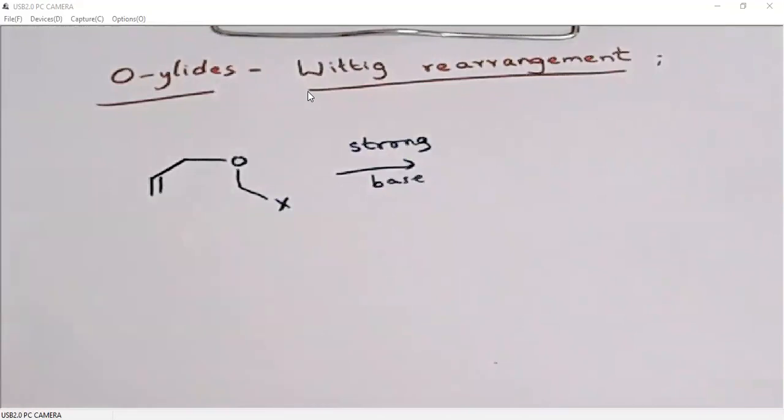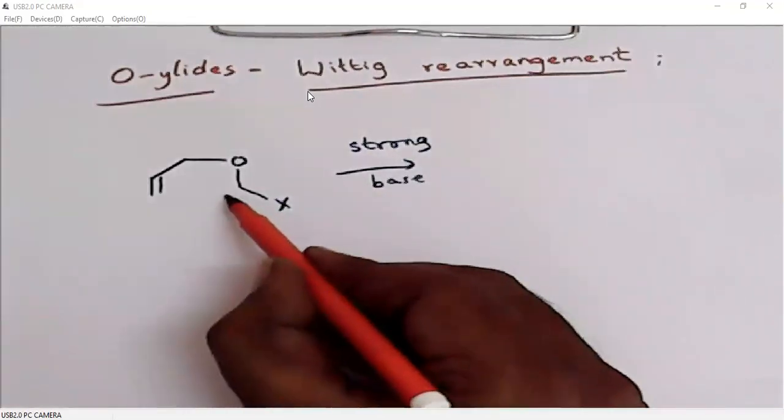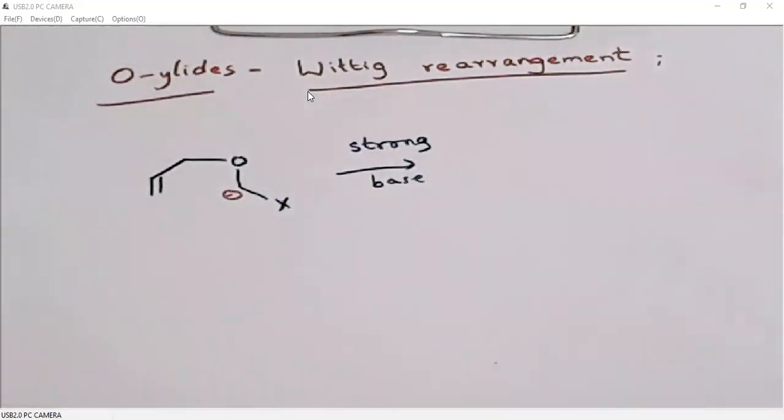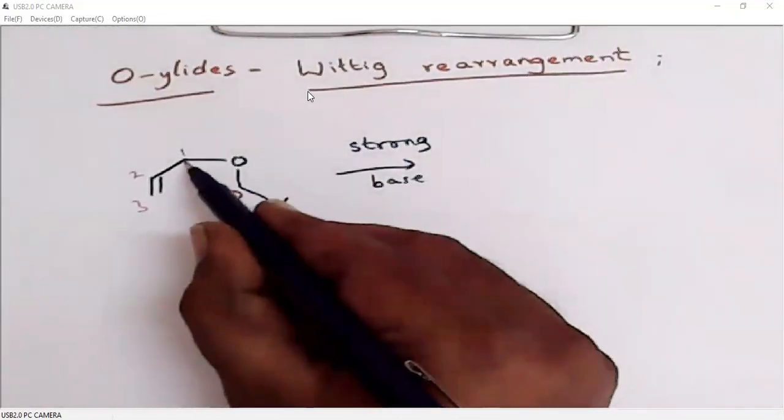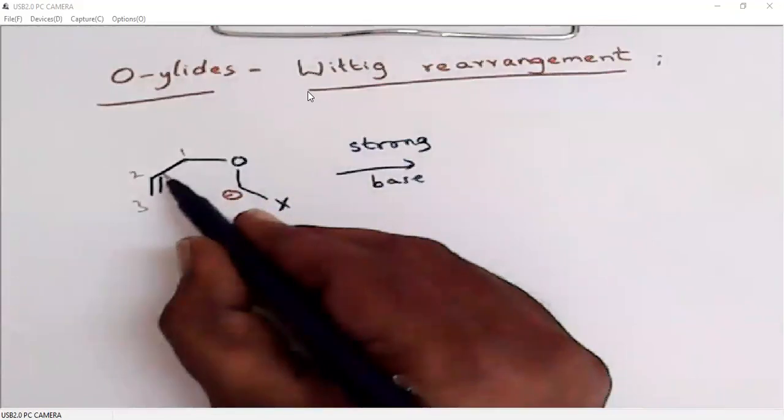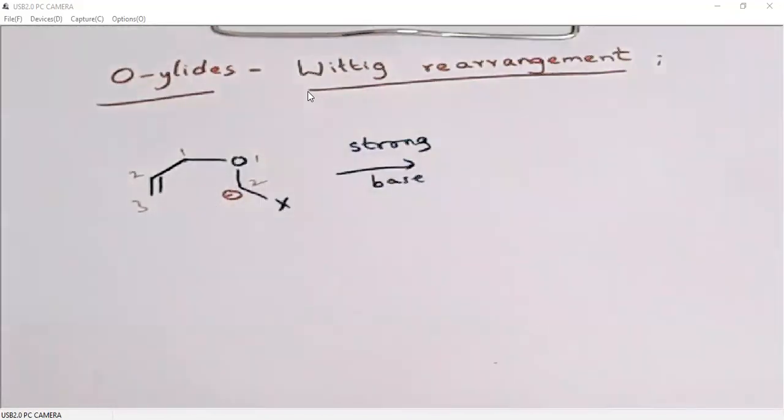It generates a negative charge here. Then we can give the numbering. It is 1, 2, 3. Yeah, this is the allylic carbon. So oxygen is there, allylic oxygen. It is 1, 2.